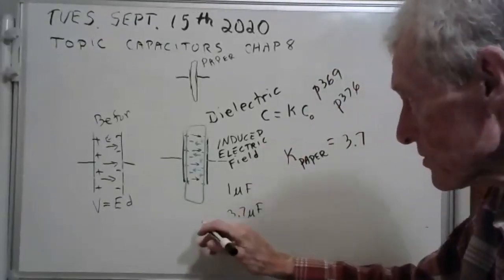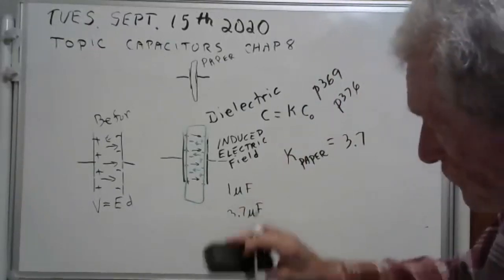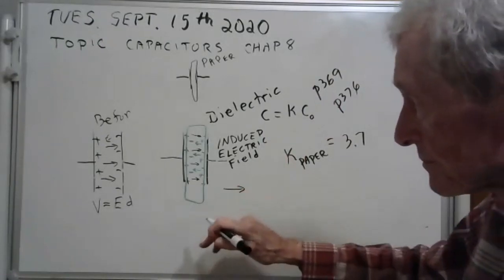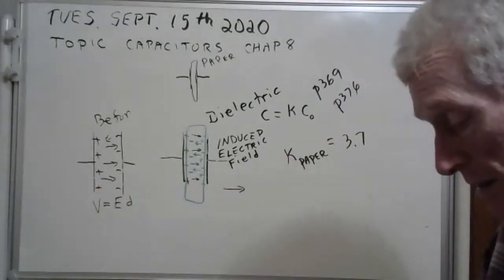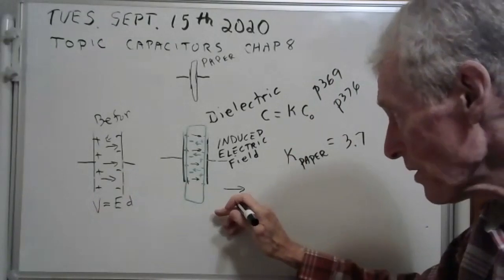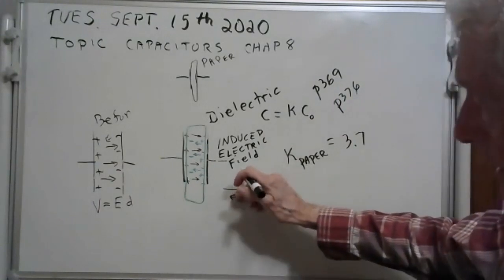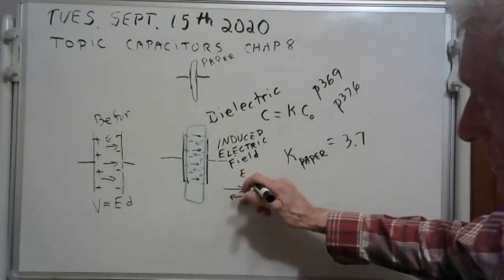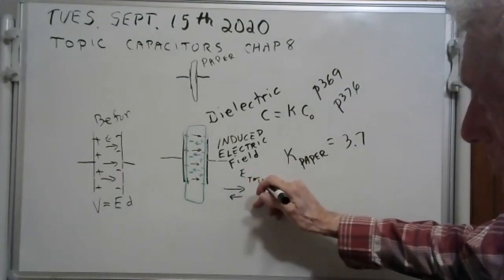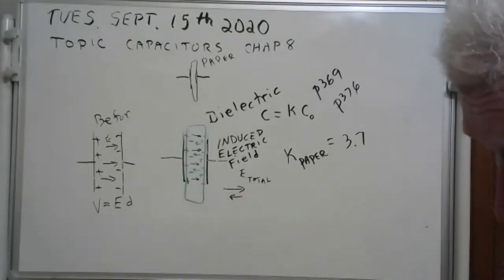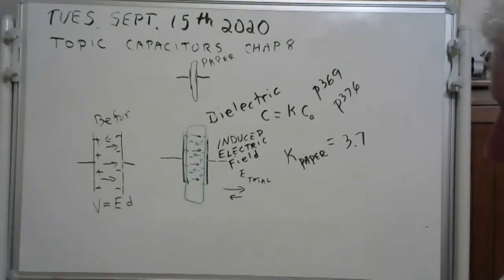So what it amounts to is you've got a vector going this way that you originally had, but now you're picking up a smaller electric field going this way. That makes the total electric field smaller. Can you see that? Because it's a vector. You have to do a vector addition there, which amounts to a subtraction.